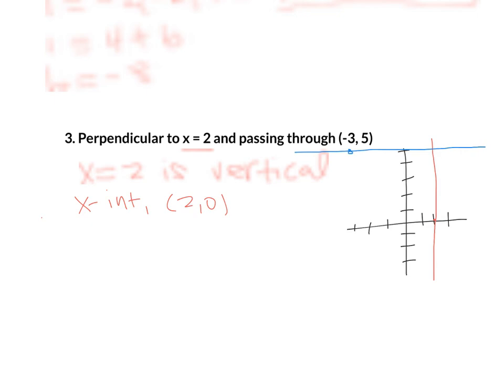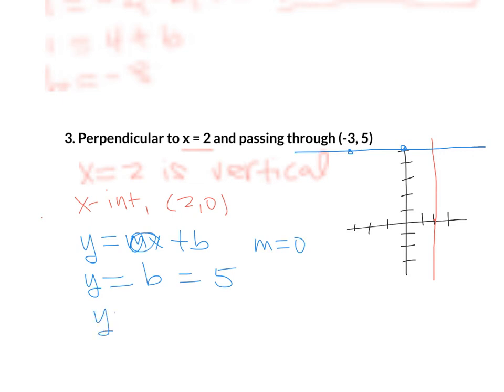And if we're thinking about writing it in the form y equals mx plus b, well, m is 0, the slope is 0, so we're just left with y equals b, because if m is 0, then this whole term is 0. And we can pick out the y-intercept, it's right there. It is positive 5. So the equation of the line that we're looking for is y equals 5.